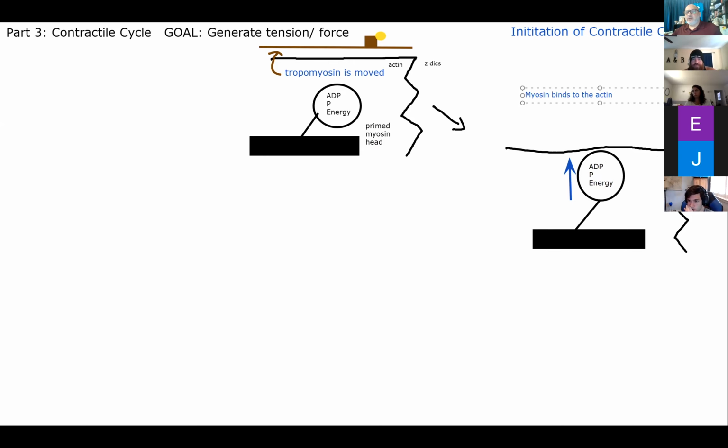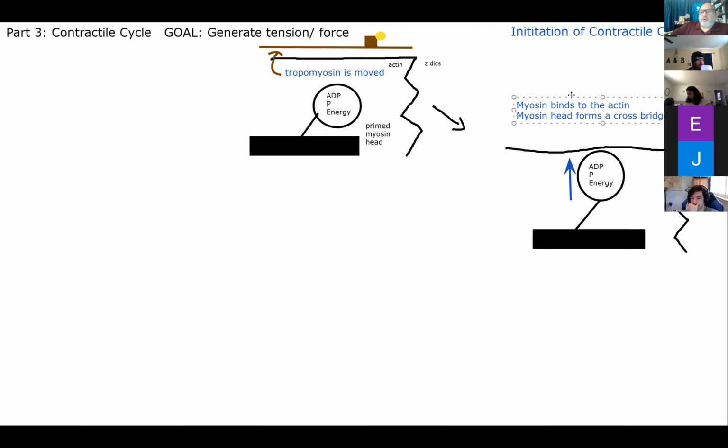But of course, as we know, anatomists hate us, so they have to give a fancy name for this. This binding of myosin to the actin is what we call the crossbridge. So basically, our myosin head forms a crossbridge. But again, forming that crossbridge just means that it grabs onto the actin.